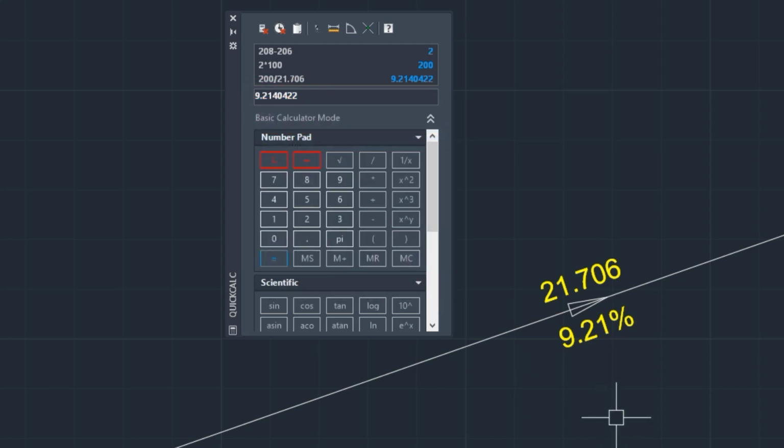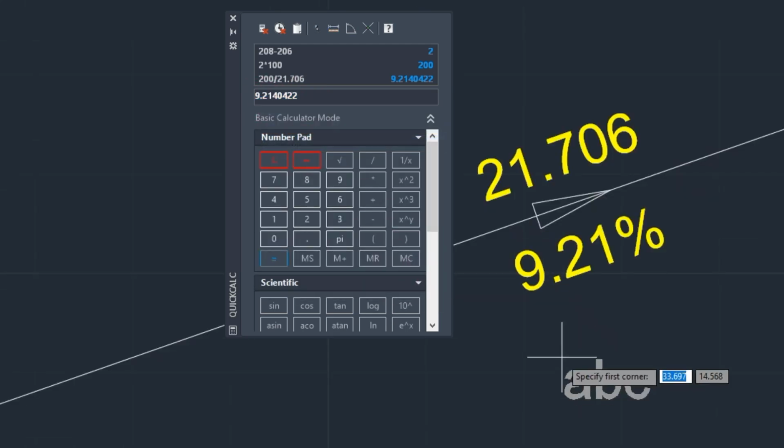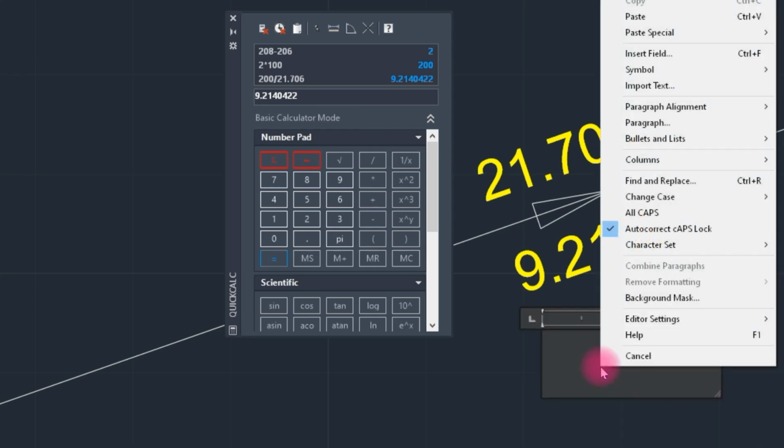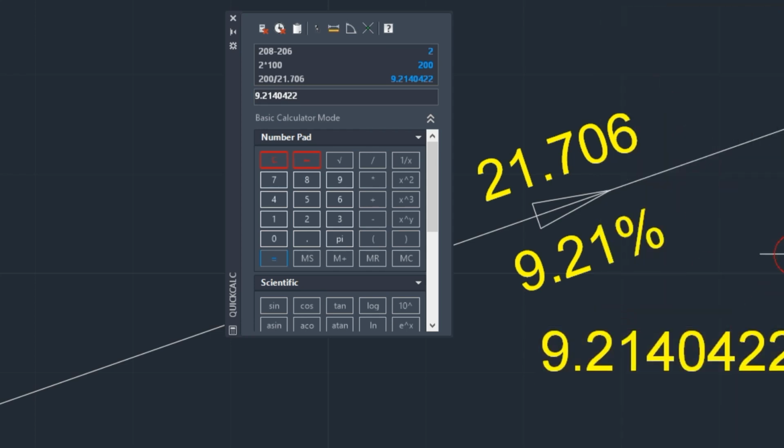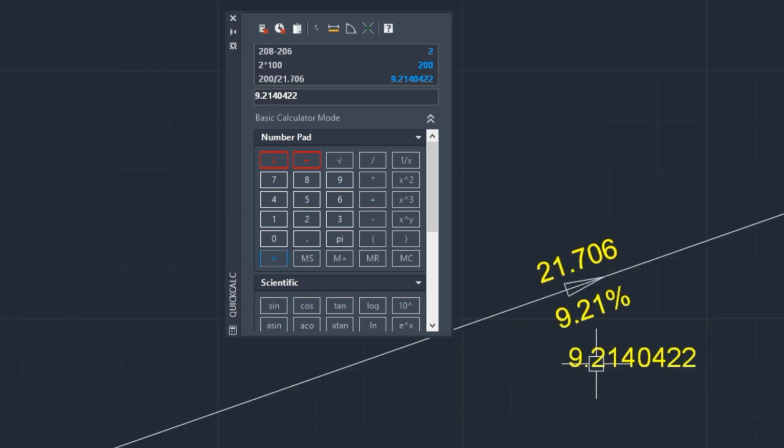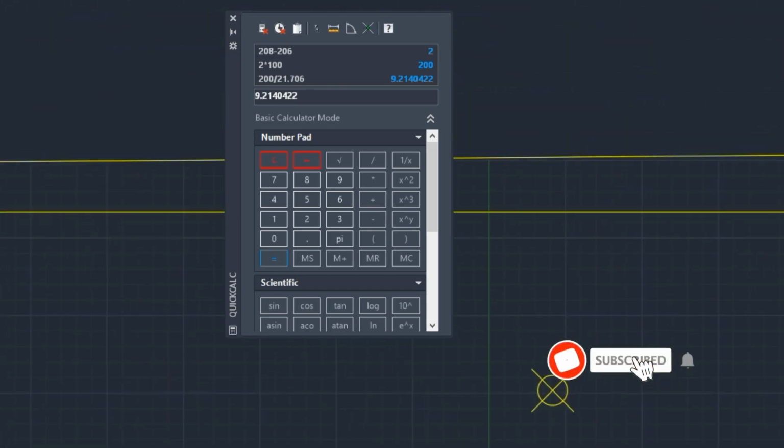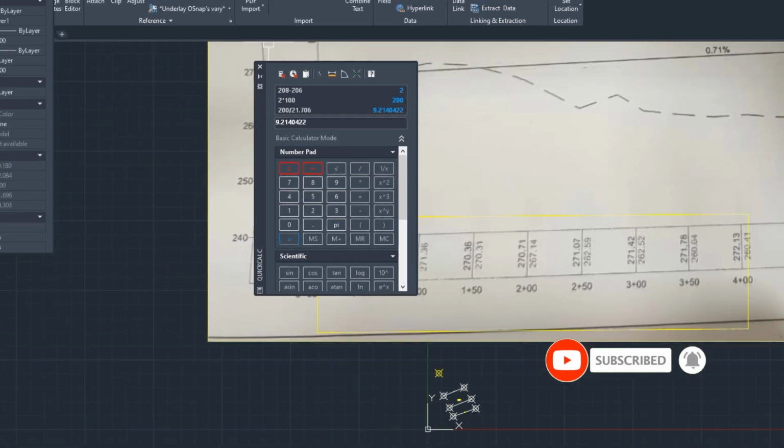And copy it and type the mtext command and paste it. It is a similar value, and just try on a profile.